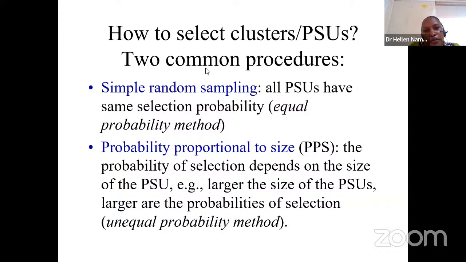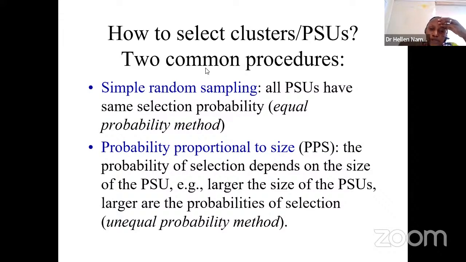Great. Now, somebody was asking about the PPS. I think we are heading there. So the big question is how to select clusters or the primary sampling units. There are two common procedures. First, we talked about simple random sampling.